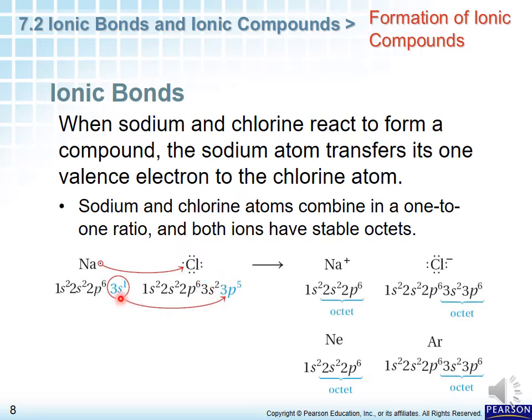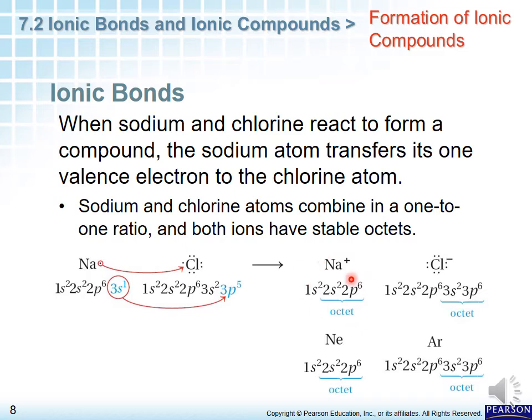So what will happen? Sodium loses this electron, or transfers the electron to the chlorine. So who loses the electron? Sodium. Who gains the electron? Chlorine. After losing the electron, it becomes a positive ion, and after gaining this electron, chlorine becomes a negative ion.